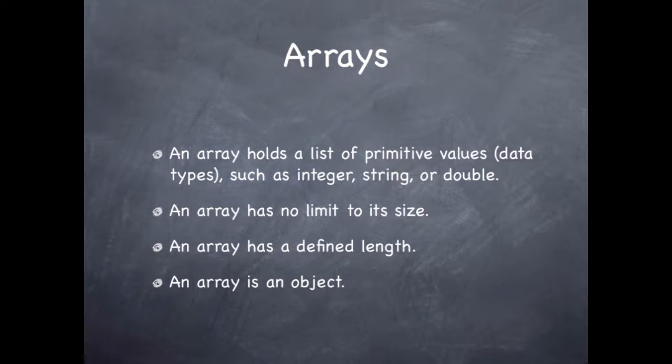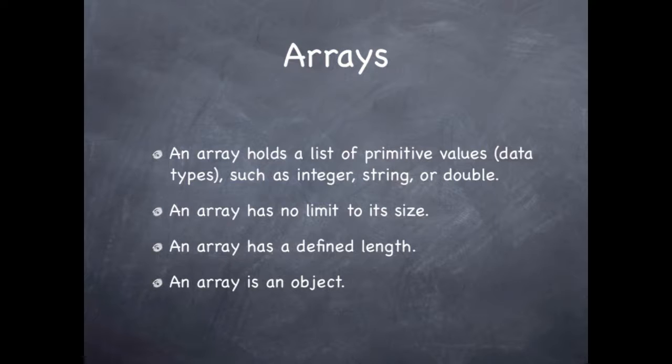So an array can hold anything from an integer to a string to a double, really any data type. An array has no limit to its size, but the bigger the array, the more memory it's going to take up. An array has a defined length. When you first make an array, you have to define its length.